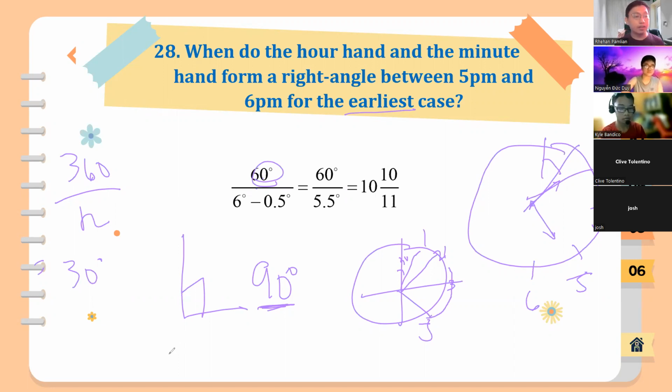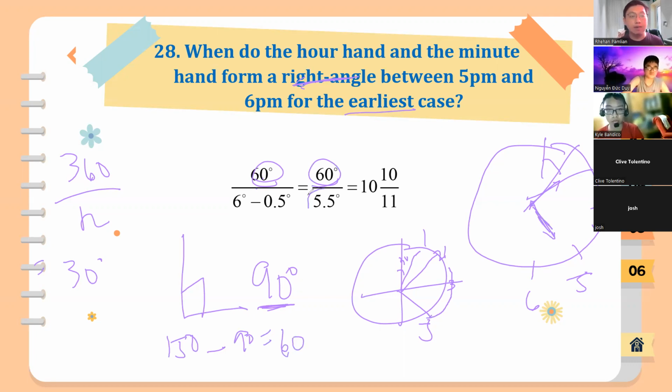That is 150, correct? So 5 times 30 is 150, minus the 90. Why did we have to minus 90? Because that's the right angle we want to form. So we're basically subtracting the angle of the hour hand and the minute hand. The difference in their angle is 60. Okay, 150 minus 90 is 60.